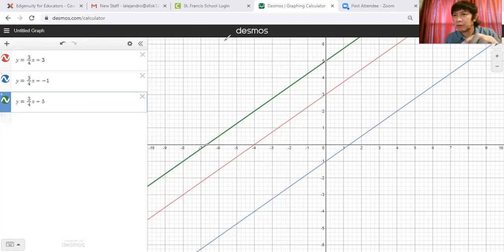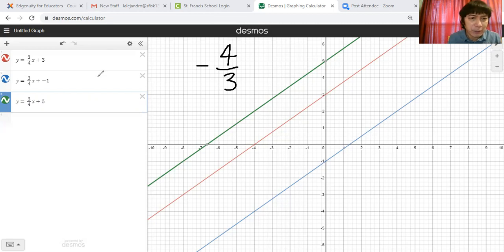You will have to get the 4/3. The reciprocal of 3/4 is 4/3, and then you will have to change the sign. Since these lines have positive slope, you have to make this negative. So the slope of the perpendicular line to these lines will be negative 4/3.